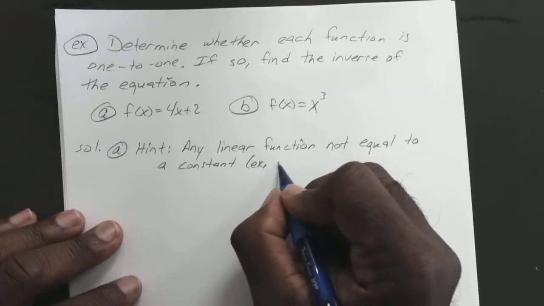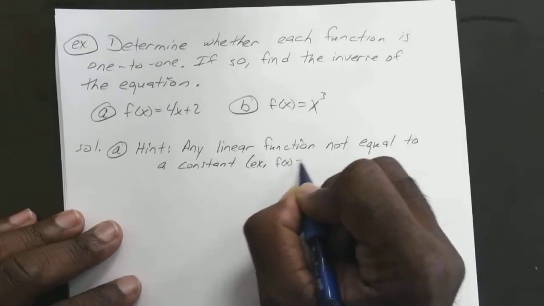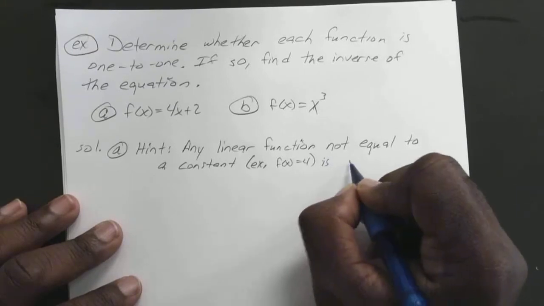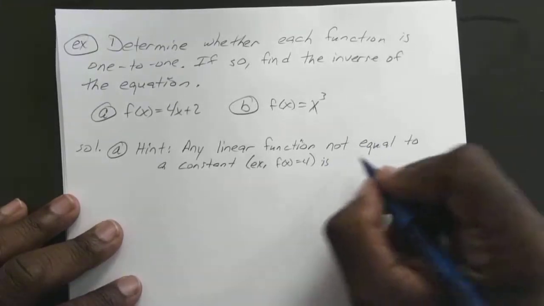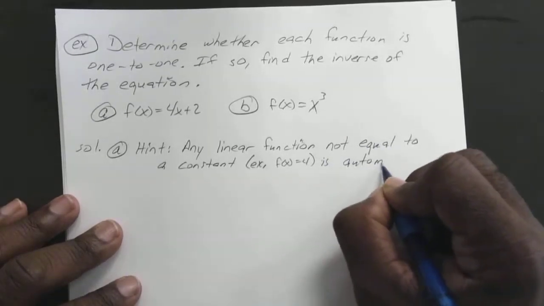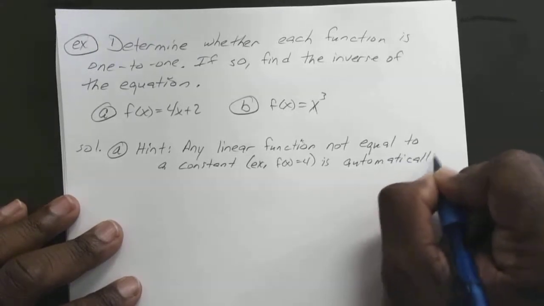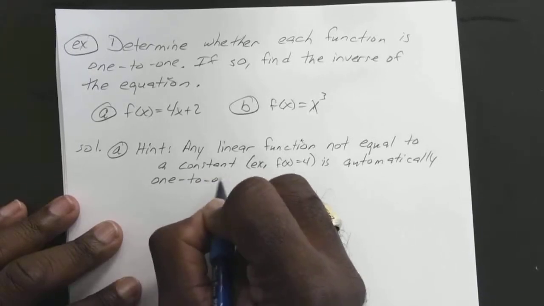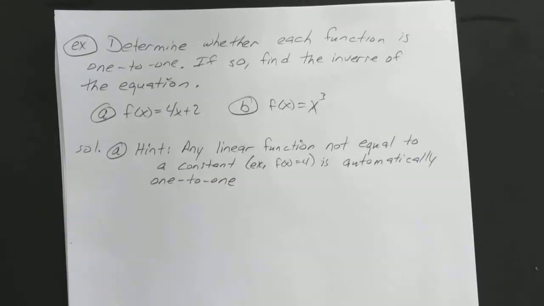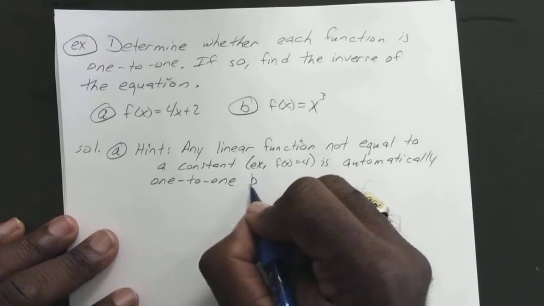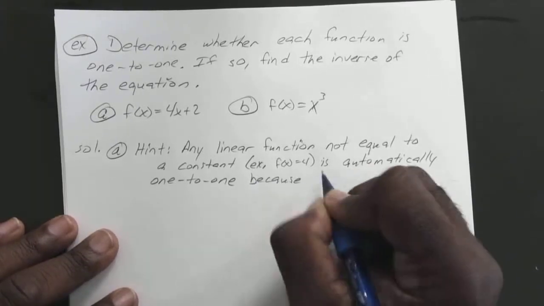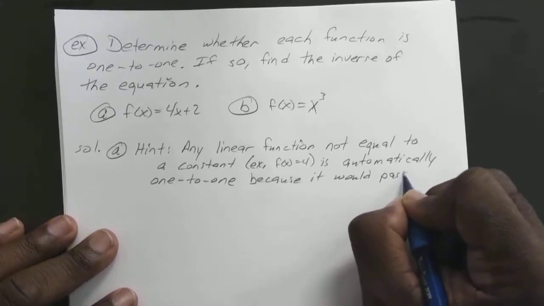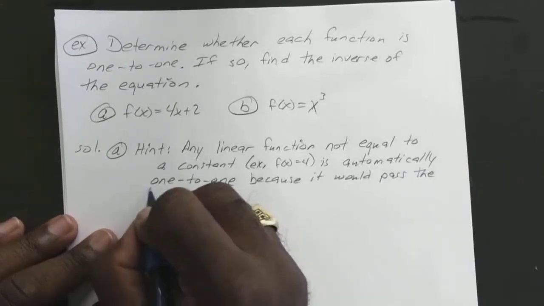For example, if you have f of x equals 4, because remember that's just a horizontal line going across, that would fail the horizontal line test. Otherwise a linear function is automatically one-to-one because it would pass the horizontal line test.